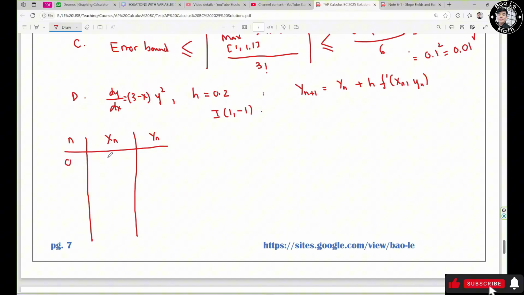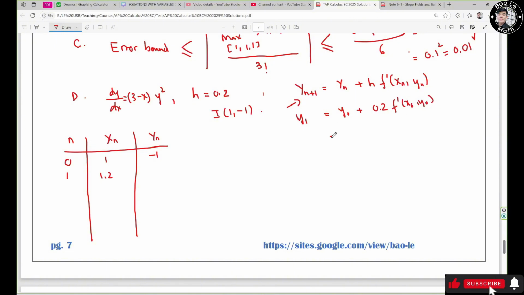So this one is 1, and this one is negative 1. Now when n equals 1, you have the step size 0.2, so this is going to be 1.2. We need to calculate this using the formula: y1 equals y0 plus the step size 0.2 times f prime of s0, y0.